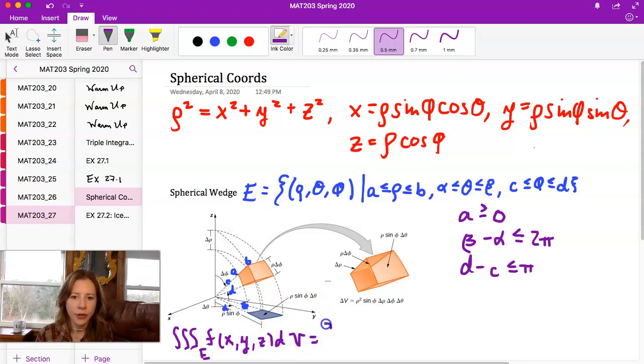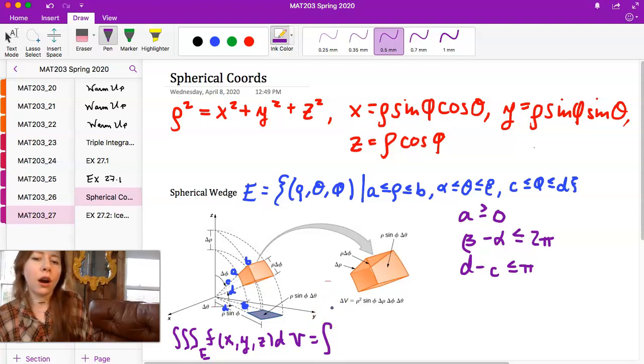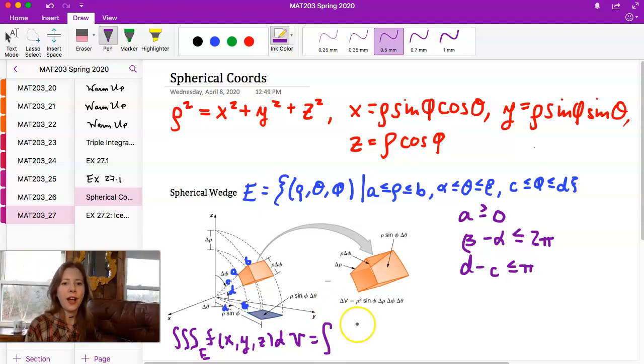It's going to be equal to, all right, so for our d phi, let's start there. We're going from C to D for phi. And for theta, we're going from alpha to beta. For rho, we're going from A to B.